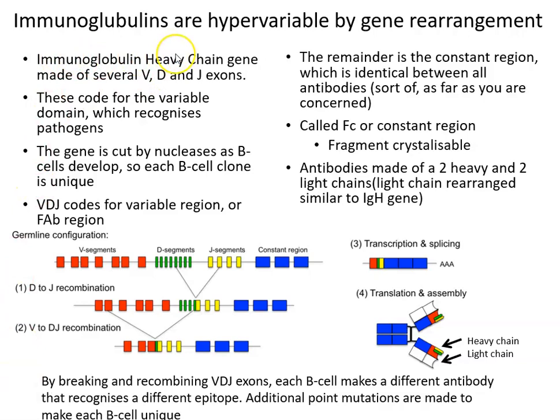So the immunoglobulins are these Y-shaped proteins made up of two heavy chains and two light chains. The two light chains are shown in white, the heavy chains are shown in blue, red, yellow, and green. So these are put together from the immunoglobulin heavy chain gene and the immunoglobulin light chain gene.